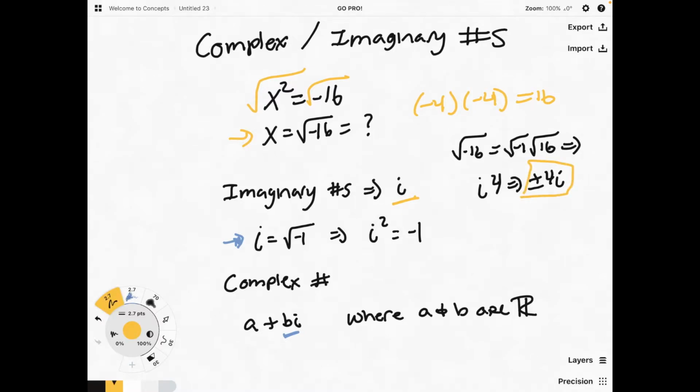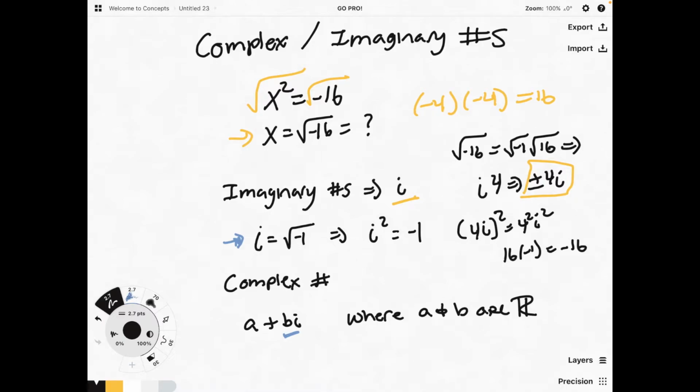And in this case, if we were to multiply these together to see if we can get negative 16, if we take 4i squared, that's the same thing as doing 4 squared times i squared. 4 squared is 16. i squared from our rule of imaginary numbers is equal to negative 1. Multiply these together and we still get negative 16.